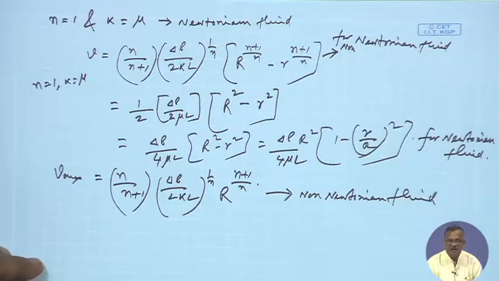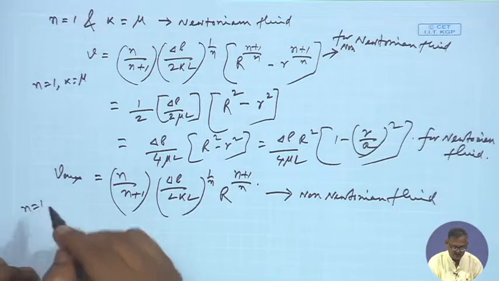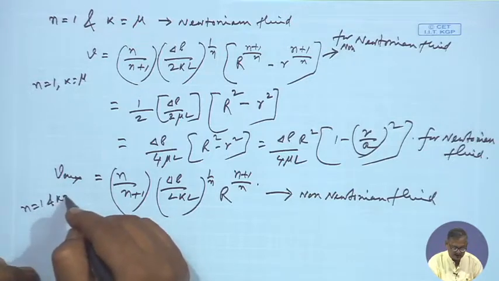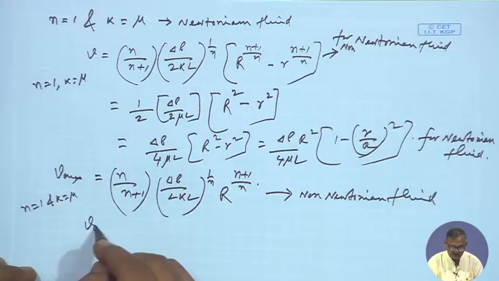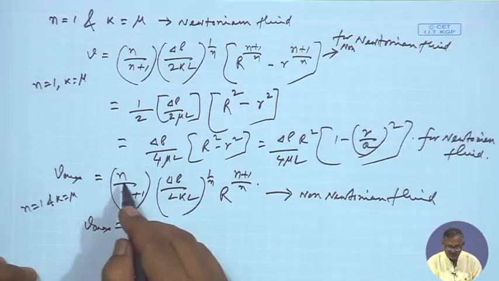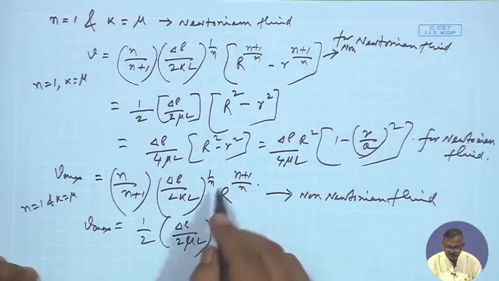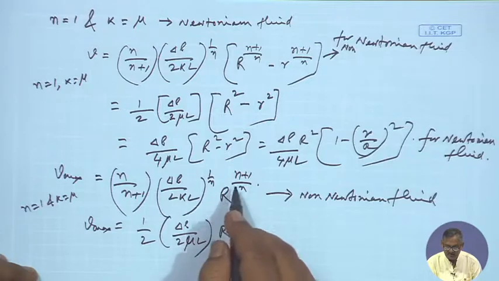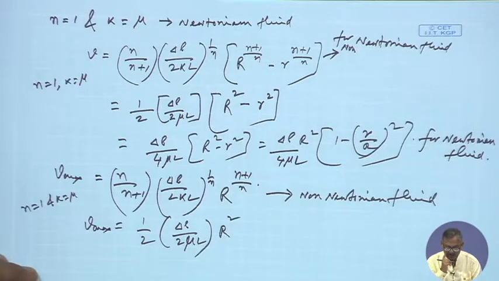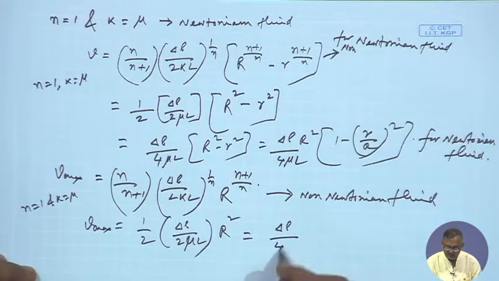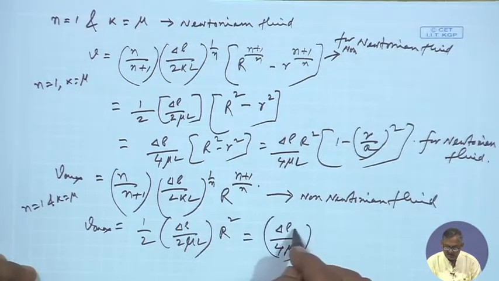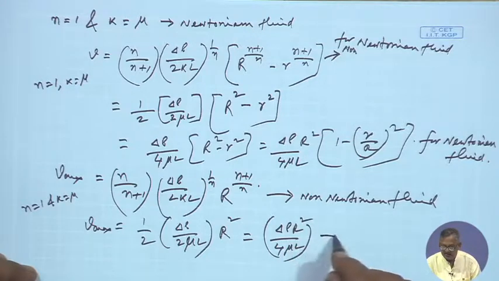And when we write n equals 1 and k equals mu, then V max becomes 1 by 2, this is delta P by 2 mu L to the power 1, and this is R square, right. So, V max is then equal to delta P by 4 mu L R square, and this is for Newtonian fluid.